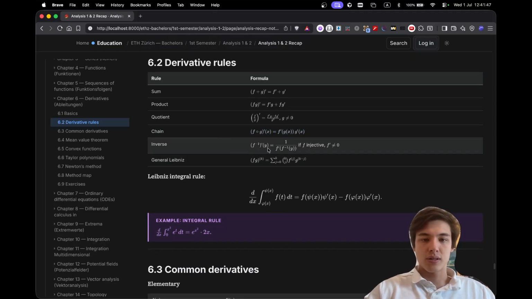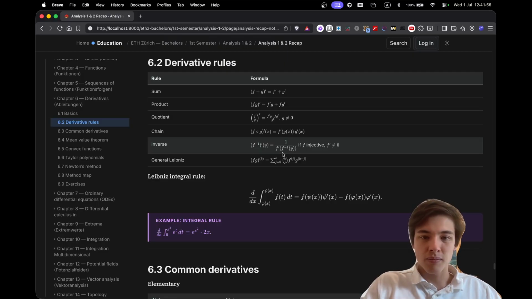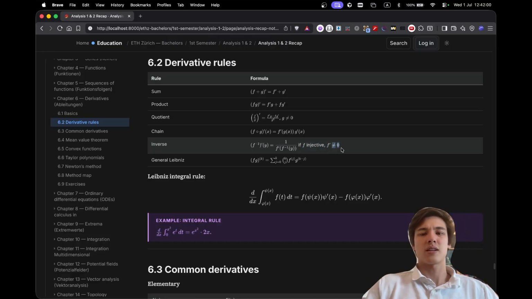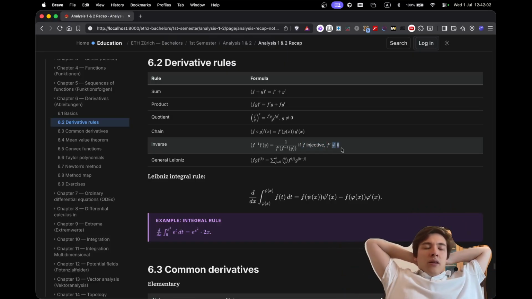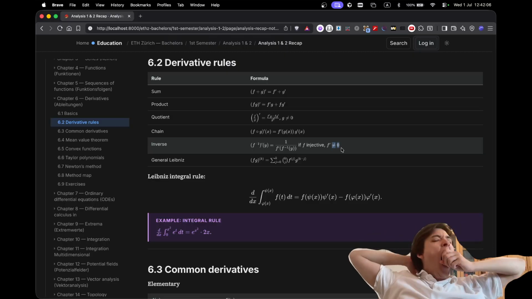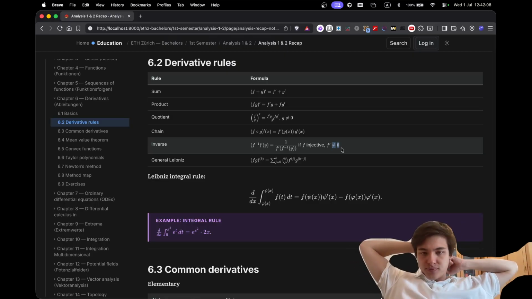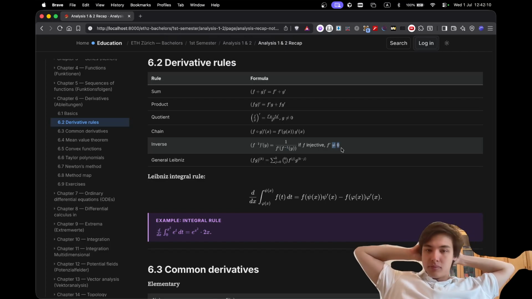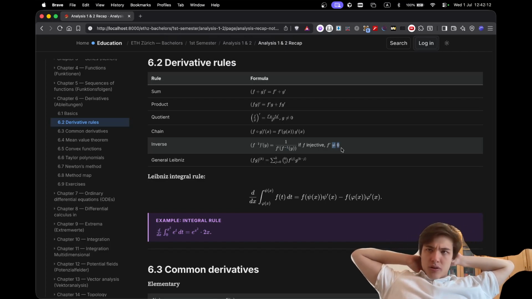The derivative of the inverse of a function is 1 over f prime of the inverse, if f is injective. When will we have used that?